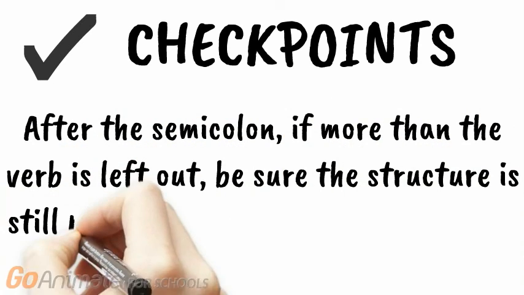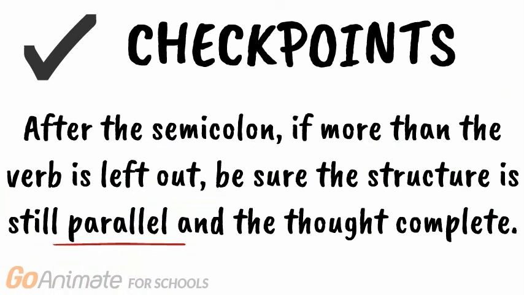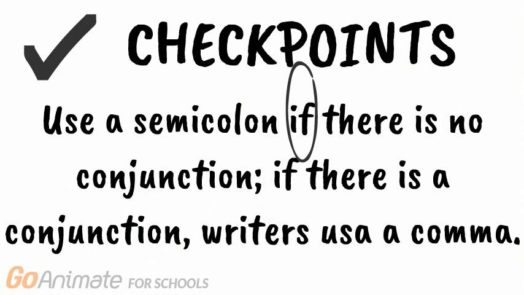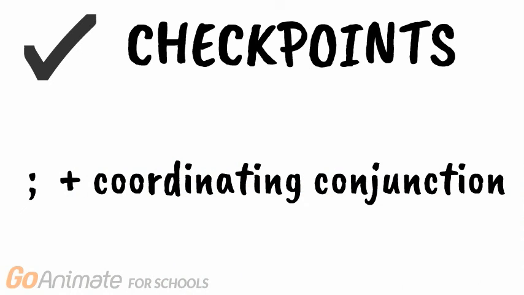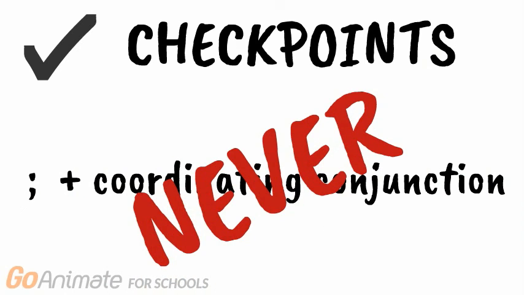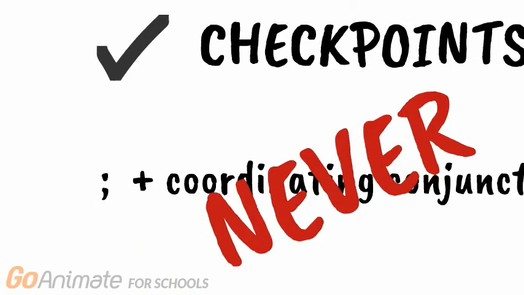Third, after the semicolon, if more than the verb is left out, be sure the structure is still parallel and the thought complete. Finally, use a semicolon if there is no conjunction. If there is a conjunction, one of the fanboys mentioned in Pattern 1, then use a comma. A semicolon never goes with a coordinating conjunction.